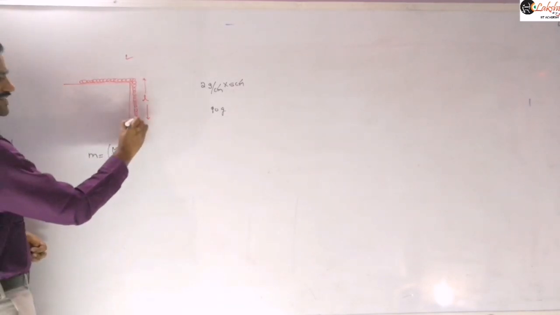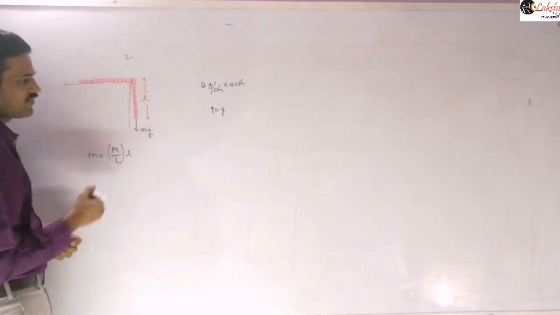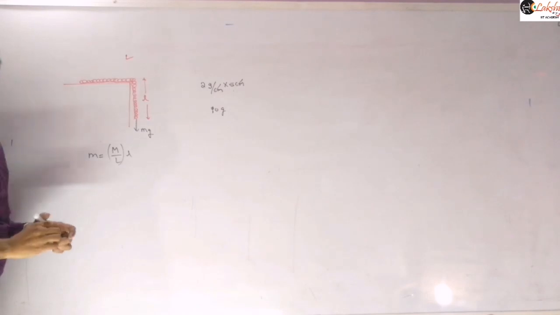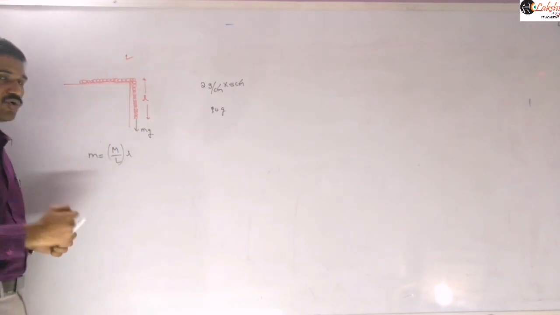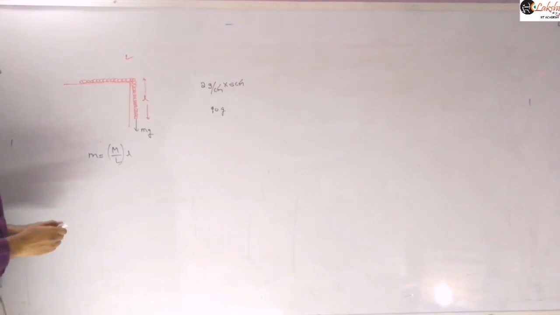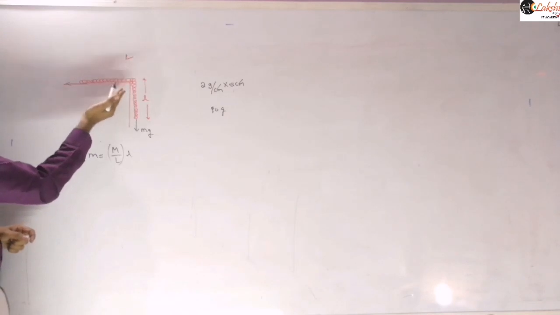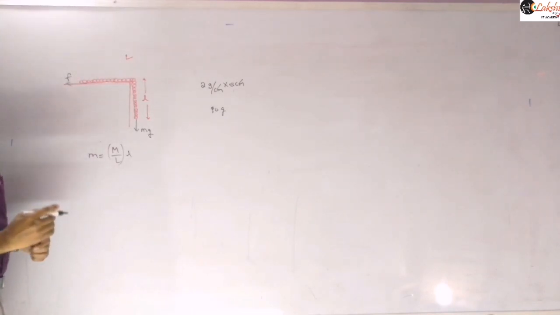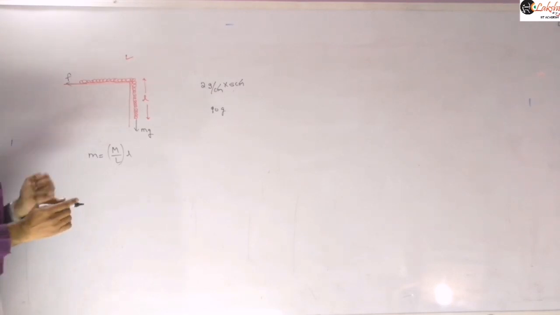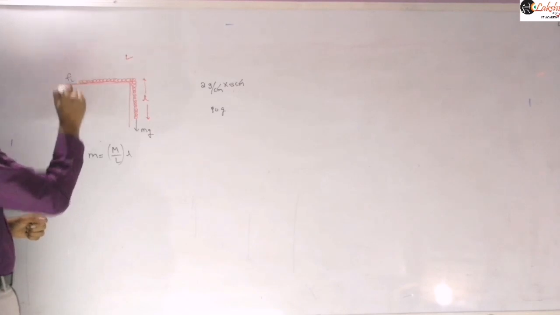Now the weight of this hanging part will pull the chain, or that will try to accelerate the system. Who is opposing that? The frictional force between the chain which is on the table and the table. As it is a maximum length, I can take this as limiting friction.